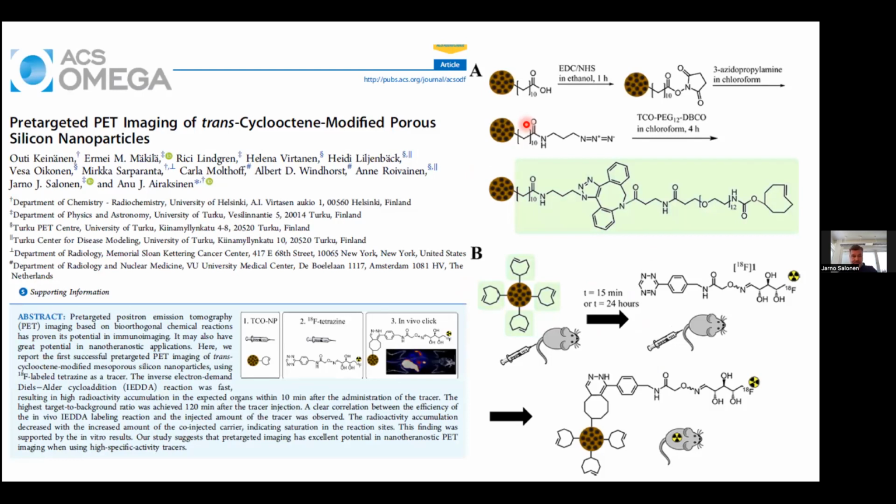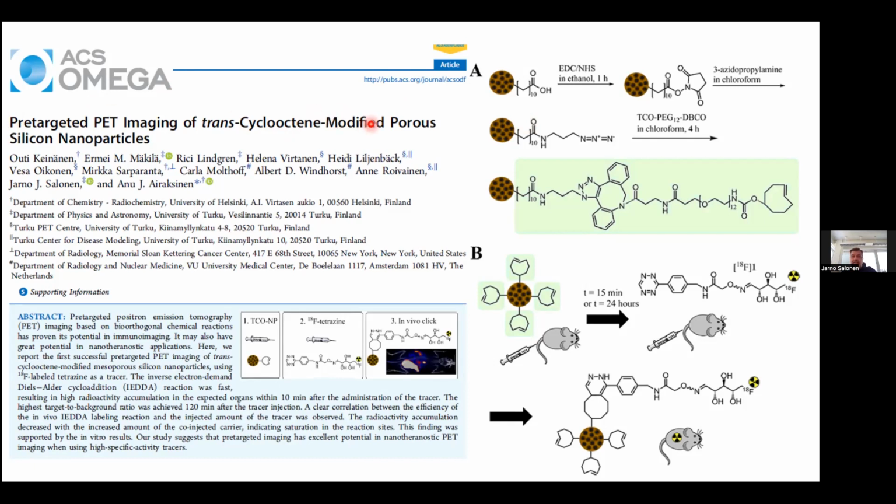Okay. Why do you need a stable surface? One reason is, of course, that it cannot react with the drug you are loading inside the pore. It should not react in the different processes you are doing for the nanoparticles.